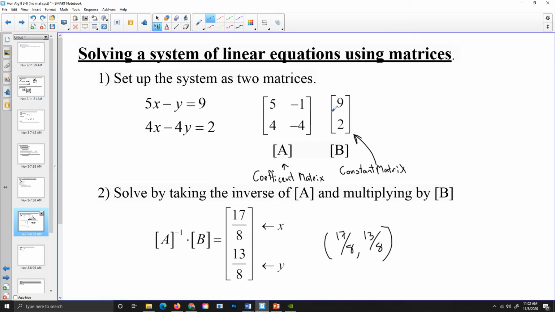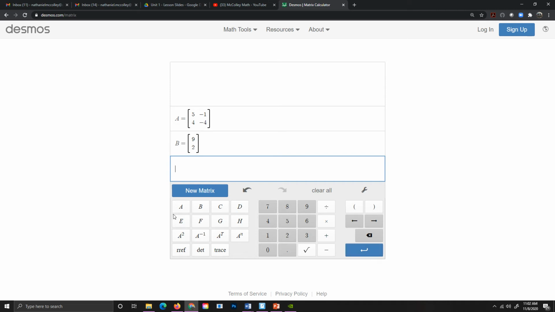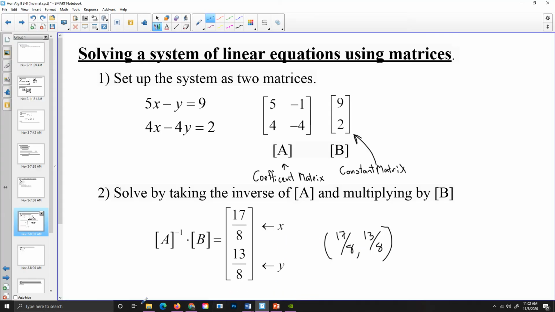This one's going to be our constants matrix, and it'll have 9 and 2. So we'll hit 9, then the right arrow key, and 2, and we'll enter there. Now we're going to do the calculation. We're going to go A, hit that inverse button, and then B, and we'll make fractions. And here we can see we have the 17 over 8 and the 13 over 8 that we had shown right there.